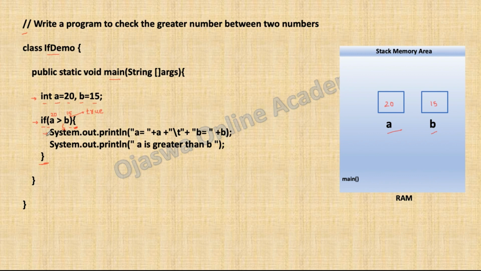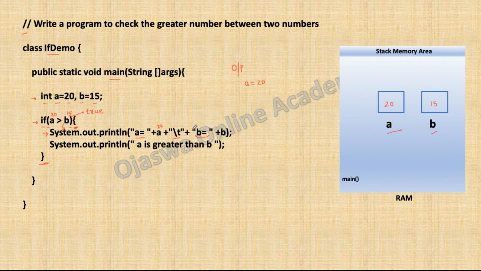So the first statement here is System.out.println. We are printing something to the output screen. "a = " is a string. It will be printed as it is to the output screen. So the text "a = " will be printed to the output screen. Variable a invokes the value 20 stored inside it. So the output will be a = 20. \t denotes the tab key. It will allocate tab space.